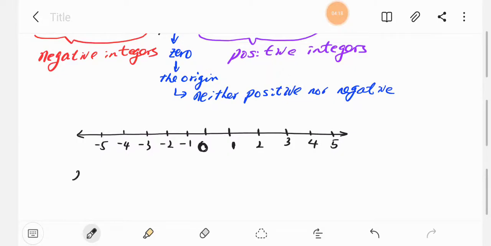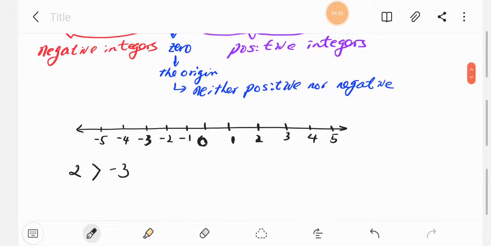So let's compare 2 and -3. 2 is over here, and -3 is here. -3 is on the left, 2 is on the right. So 2 is greater than -3, because 2 is to the right of -3. Can you see it?